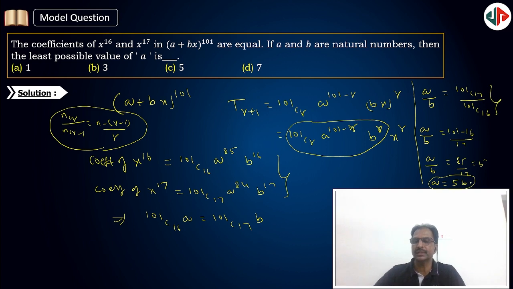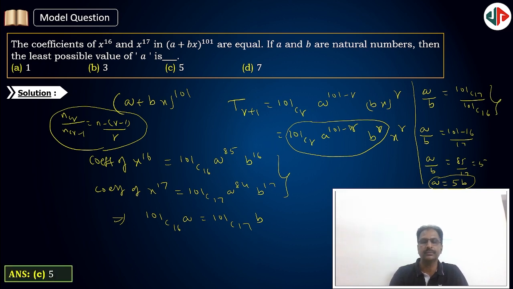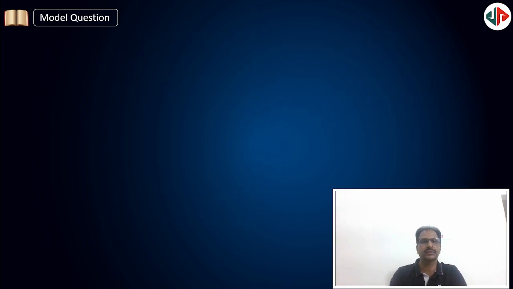Because what is the least natural number? 1. So when b is 1, a will be 5. So the least possible value of a is 5. Option C. Given that a and b are natural numbers, a will be least when b is least. What is the least value of b? 1. So what is the least value of a? 5. Option C is correct.